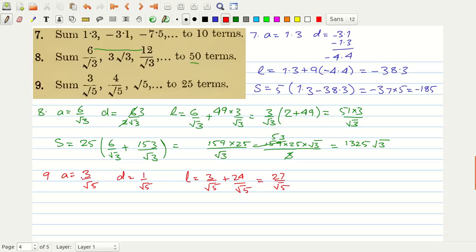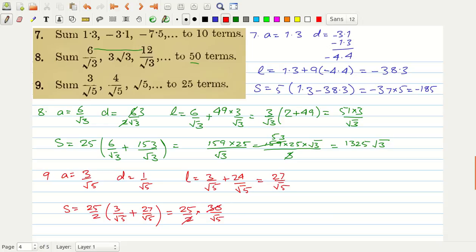So what is the sum of 25 terms? The sum is equal to 25 by 2 into a, which is 3 by root 5 plus 27 by root 5. So this is 25 by 2 into 30 by root 5.